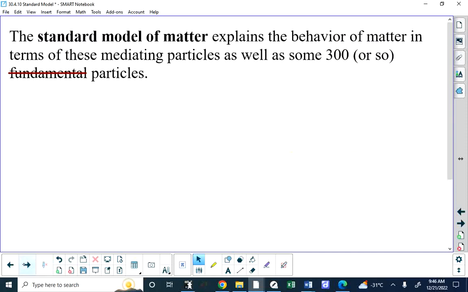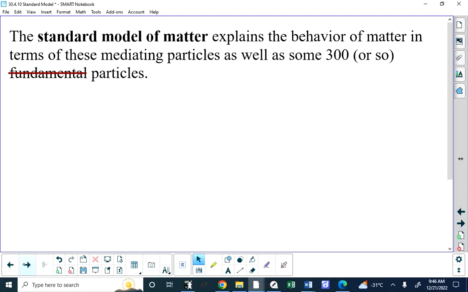All right, so the Standard Model of matter explains the behavior of all matter in terms of these mediating particles and about 300 other particles. And I put the word fundamental there, and your textbook uses the word fundamental here. I don't want to use that word fundamental, so I think you should cross it off. Fundamental seems to imply it's not made of anything.